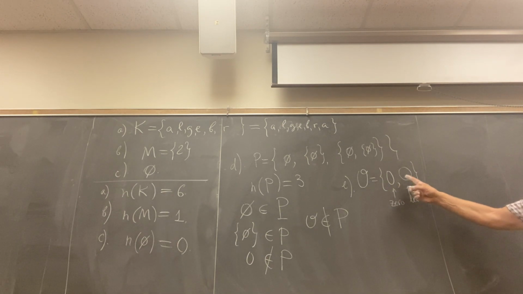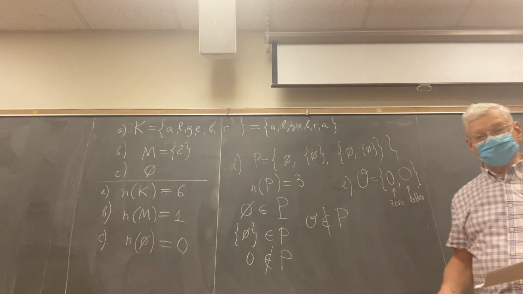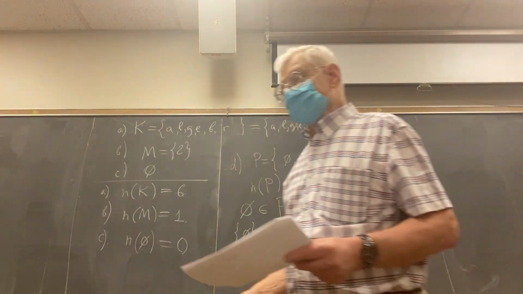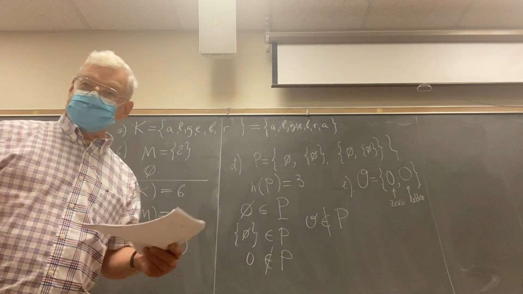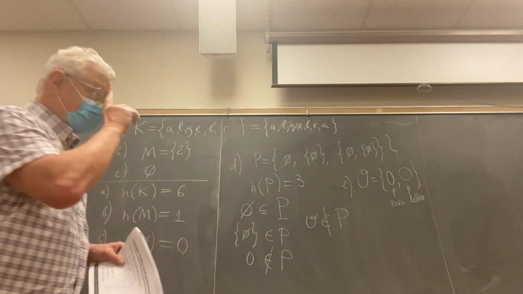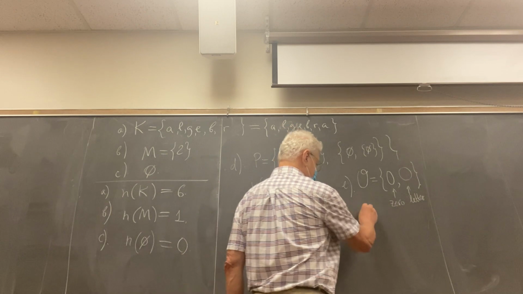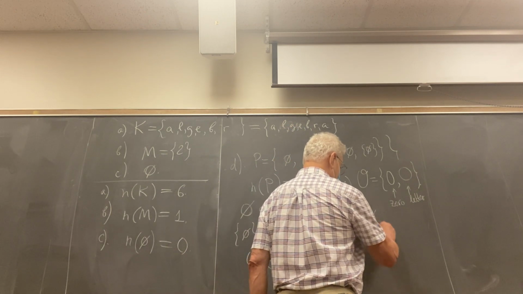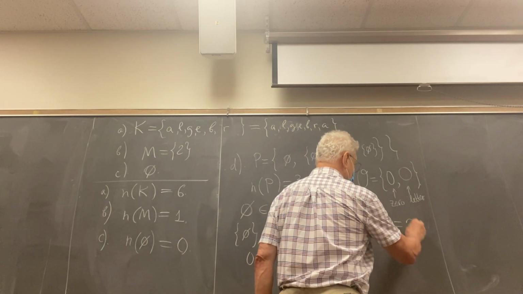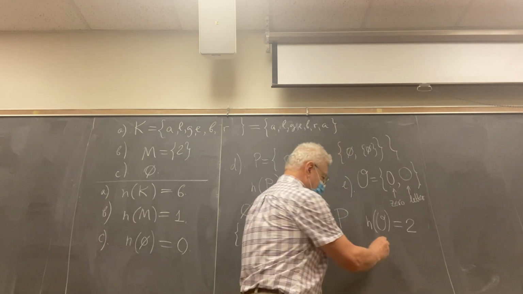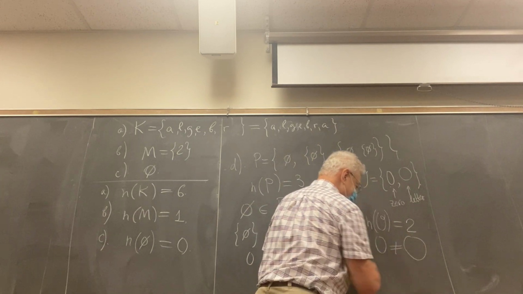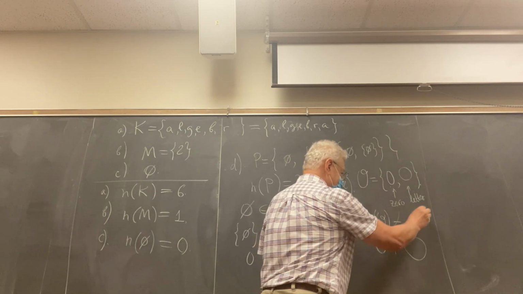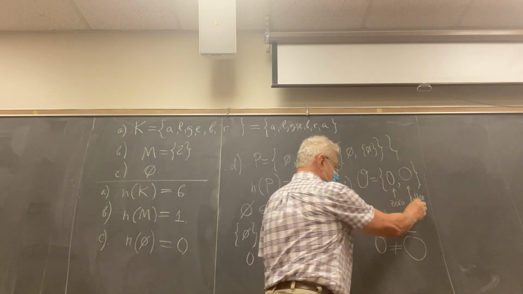They look alike, but they are actually different. You have to distinguish them. So the cardinality of that set is 2, because it has 2 elements. 0 is not the same as O. 0 is a digit, and the letter is that one.